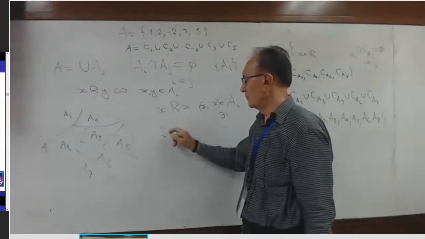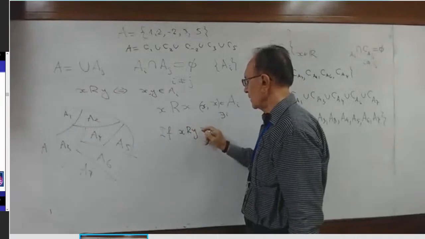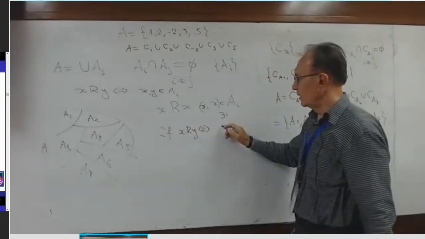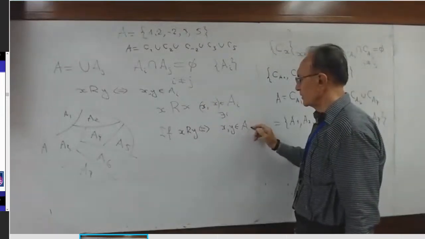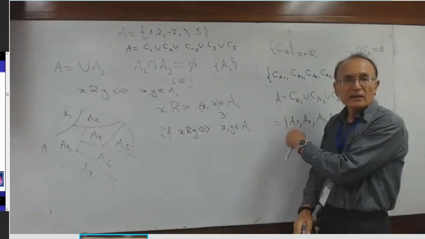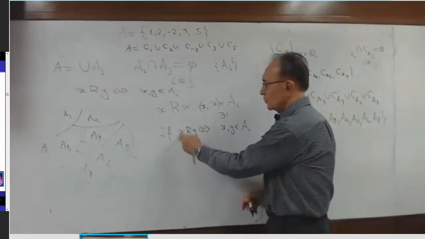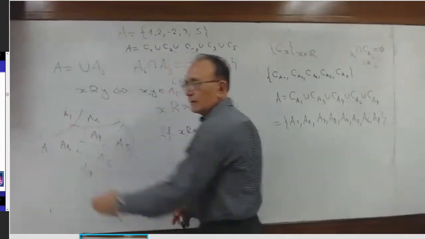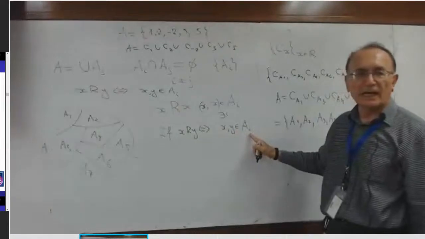Now, symmetricity. If X is related to Y, that means both elements X and Y are in some Ai because the subsets are disjoint. It cannot be that X is in one and Y in another one. So X and Y are in Ai.